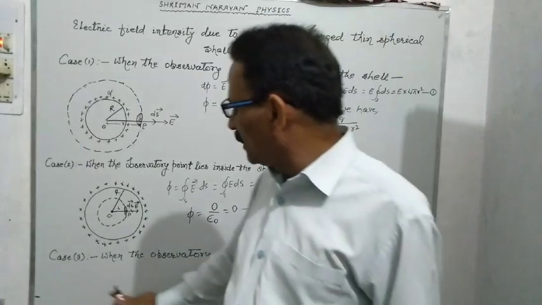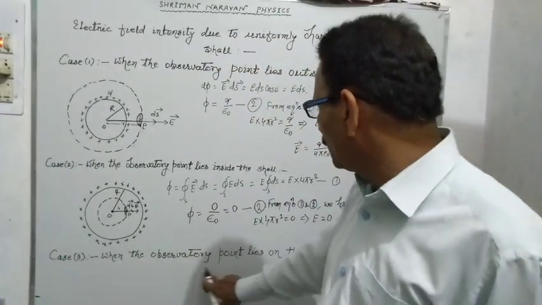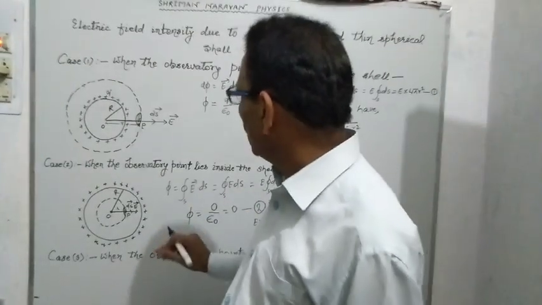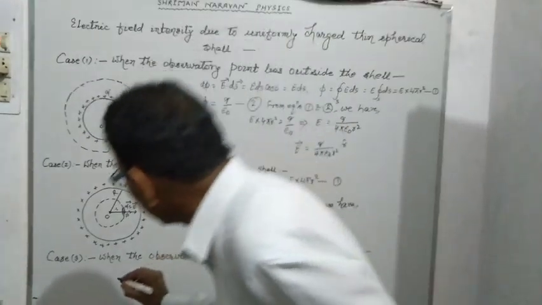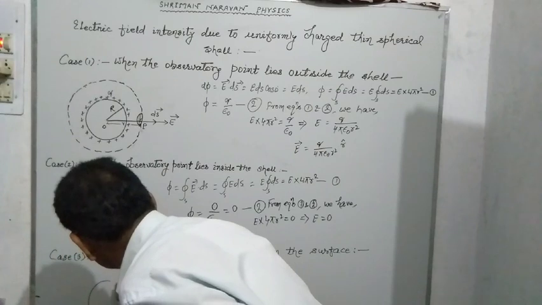Now we want to discuss case number 3, when the observatory point lies on the surface. You can see this is a spherical charged cell.